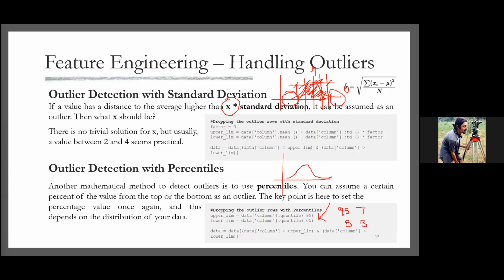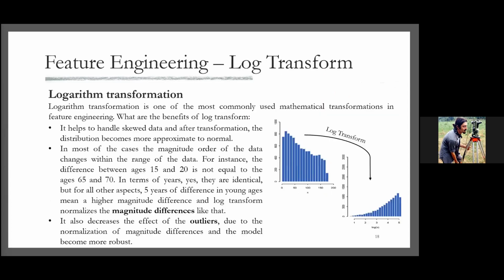So basically you can choose your 95% limit of your data and 5% as the bottom limit. So these 2 parts, under 5% and over 95%, will be outliers for your machine learning algorithm. The key point here is to set the value depending on the distribution of your data. So this is all your responsibility.